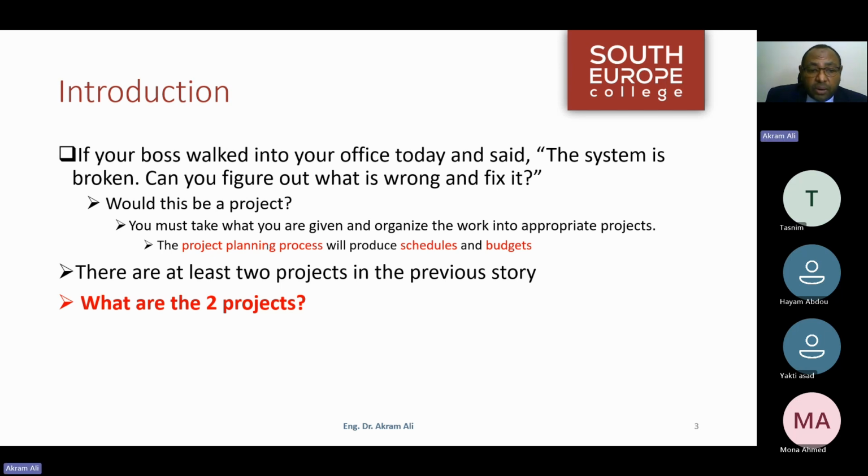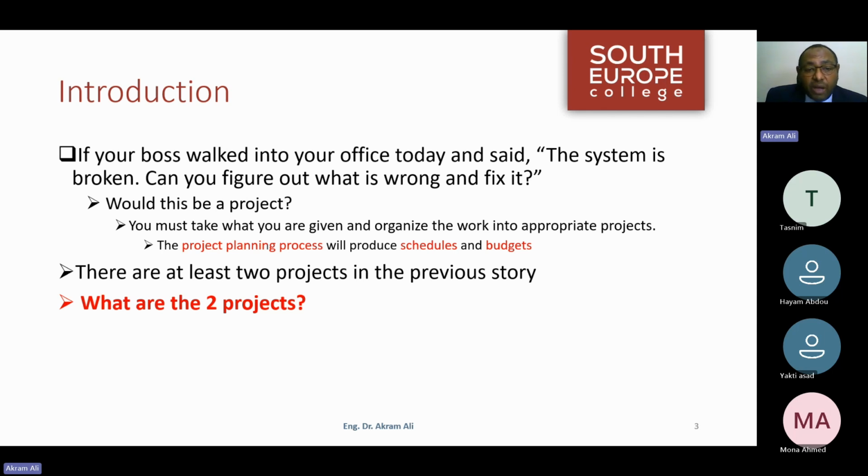So what are the two projects? Well, in such an example, the two projects are as stated in the request. And the request says, can you figure out what is wrong and fix it?